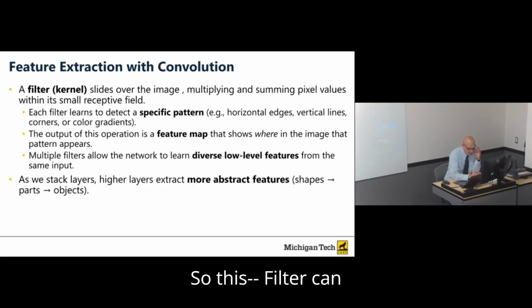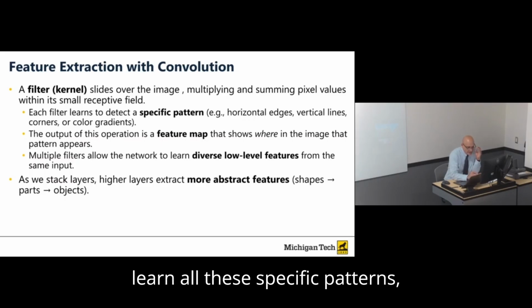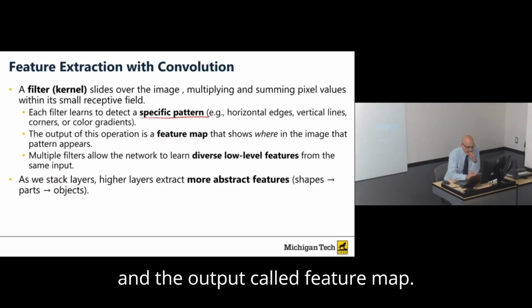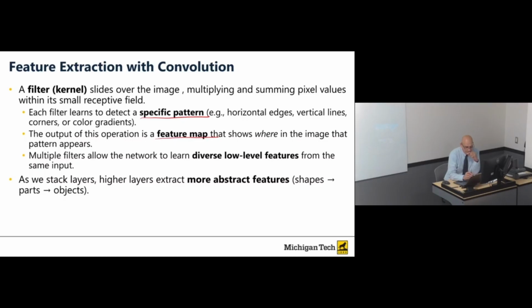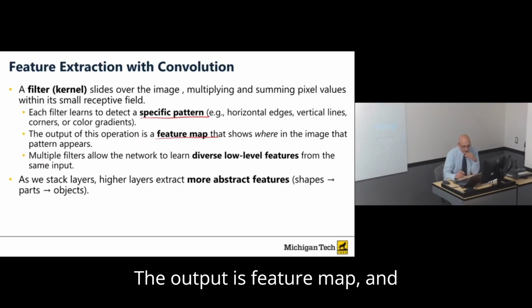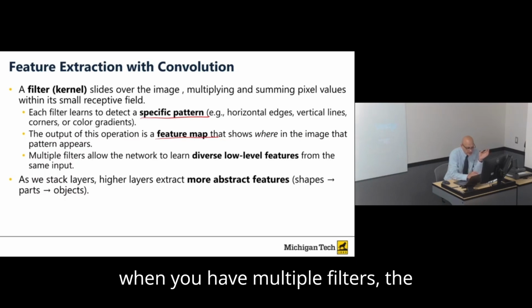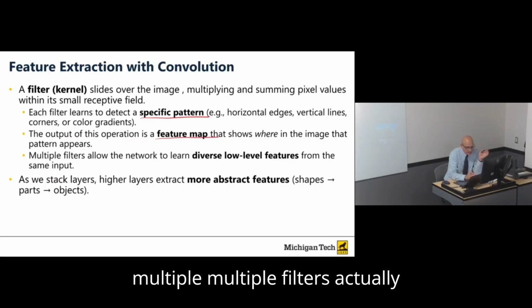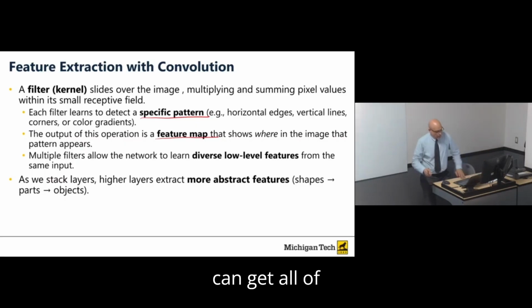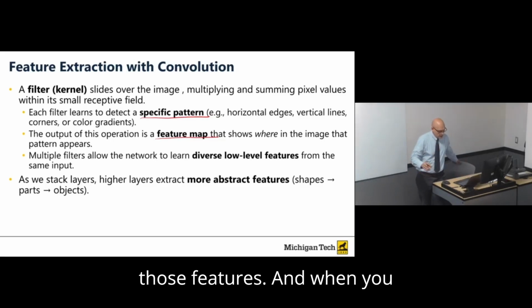So this filter can learn all these specific patterns, and the output is called a feature map. When you have multiple filters, they can capture all of those features.